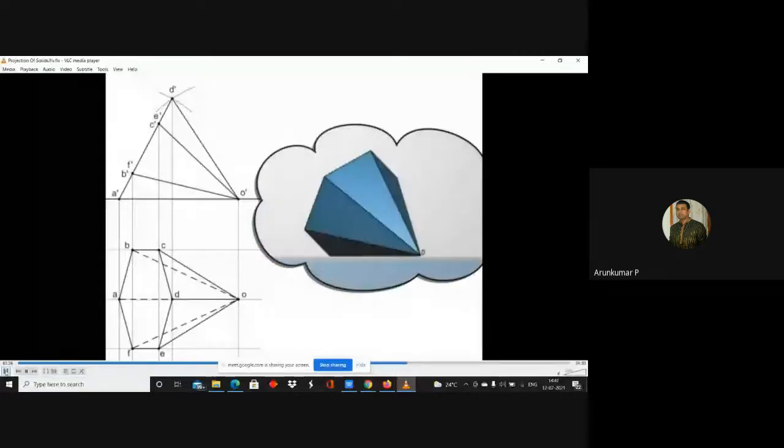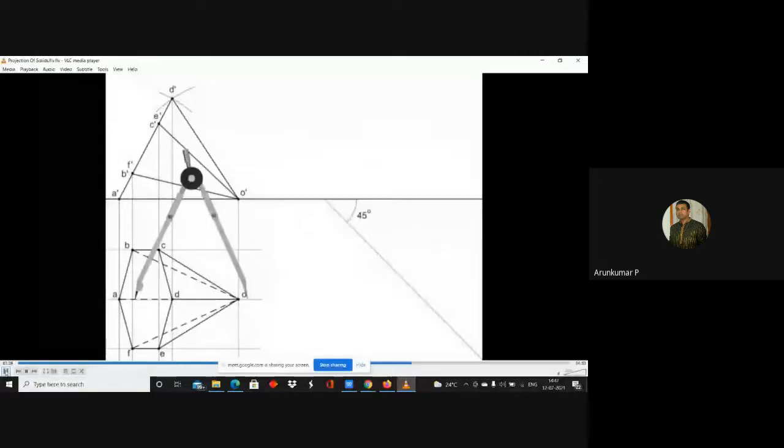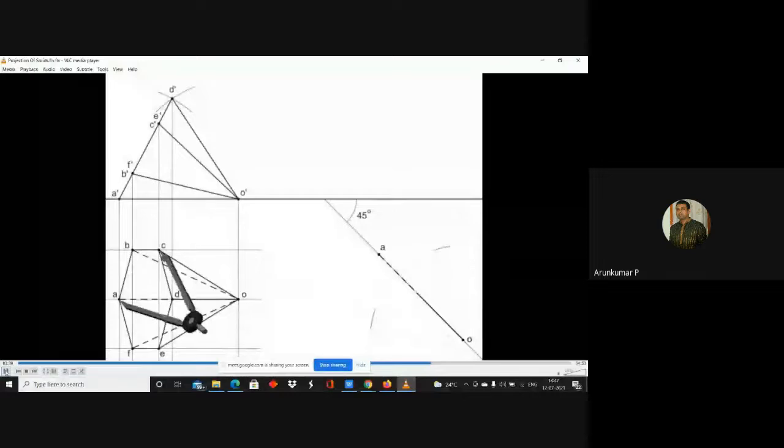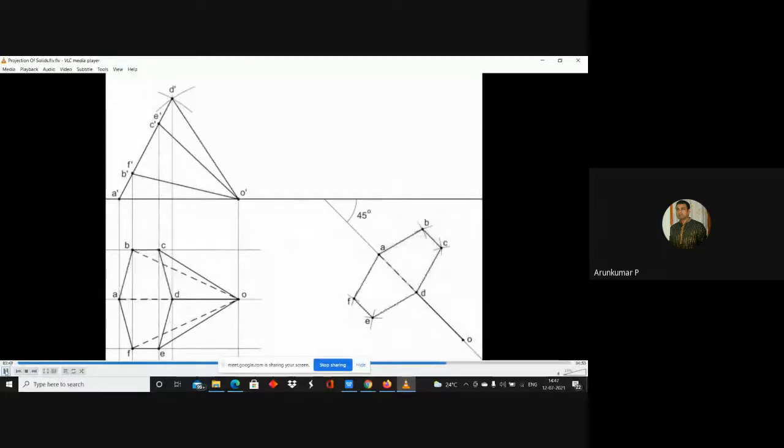So OA is inclined to VP by 45 degrees. So you can see OA is being placed on that 45 degree line. And then with the help of the rounder, the arcs are marked and the remaining points are located. B, C, D, E, F, all those.